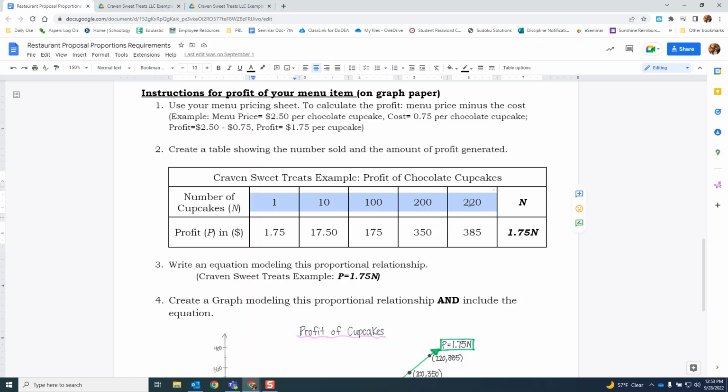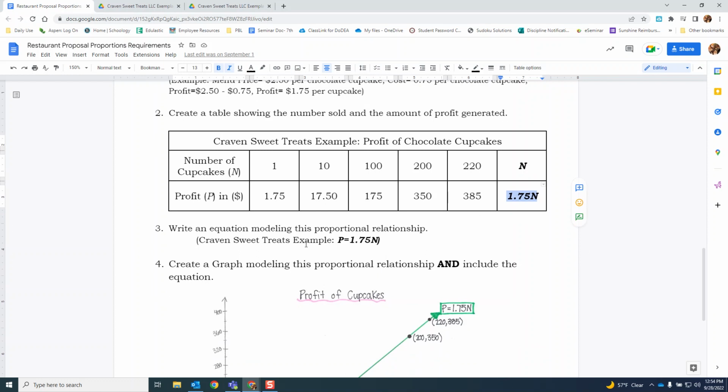Once again, these numbers that you choose can vary. They don't have to be the exact same as mine. You just need to make sure that you go up to a decent number because we are talking about scaling it up for a restaurant. And at the end, I can see n is representing the number of cupcakes. Each time I am multiplying it by that $1.75 to figure out my profit.